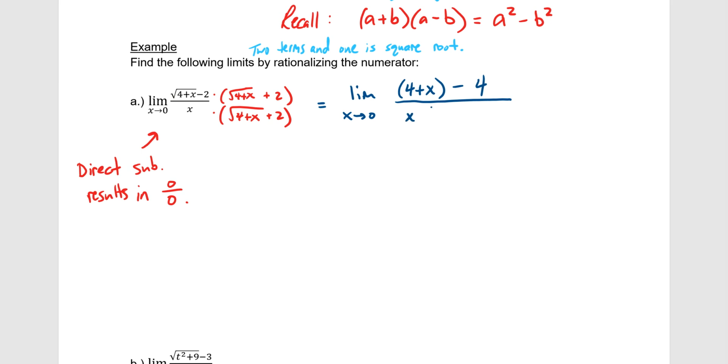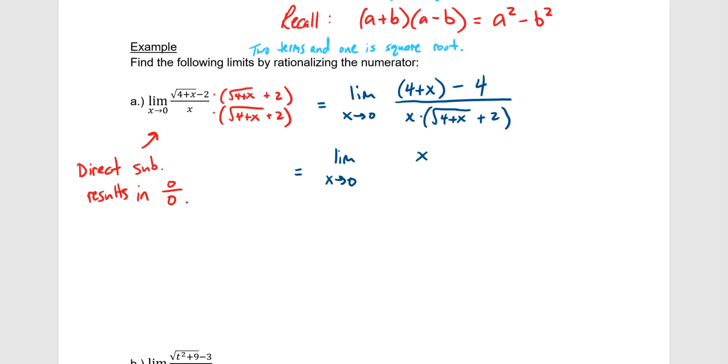Okay, in the denominator, I'm only going to write this just like this. It's x times the square root of 4 plus x plus 2. Don't distribute the x. We actually want that to cancel out right now. So let's see what happens in the numerator. In the numerator, the 4's cancel, right? 4 minus 4.